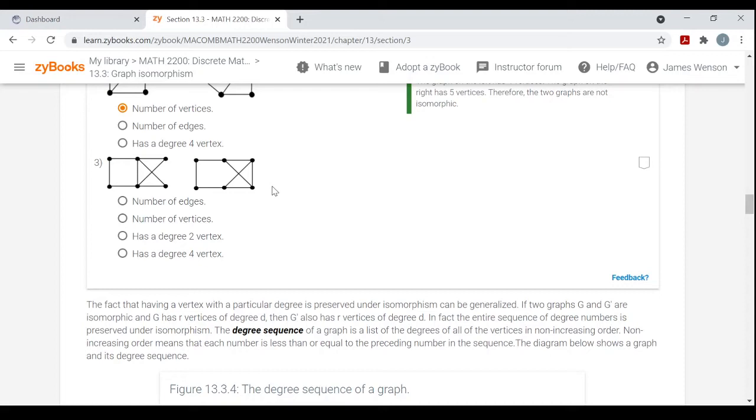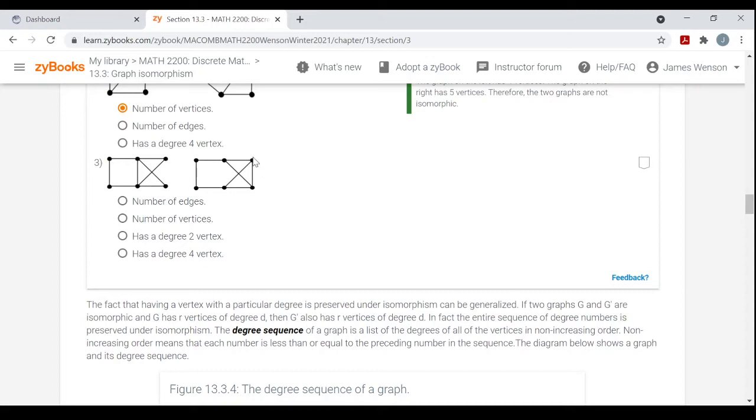So it must have something to do with this degree property, the degree preservation. Well, let's see. Over here, look at this vertex. It has degree 1, 2, 3, 4. Same with this vertex. This vertex has 1, 2, 3, 4.